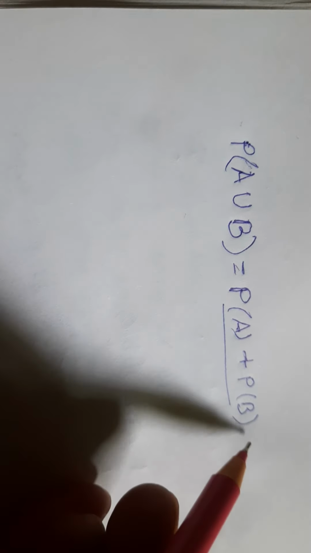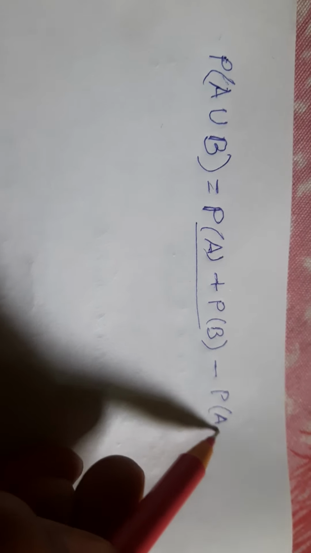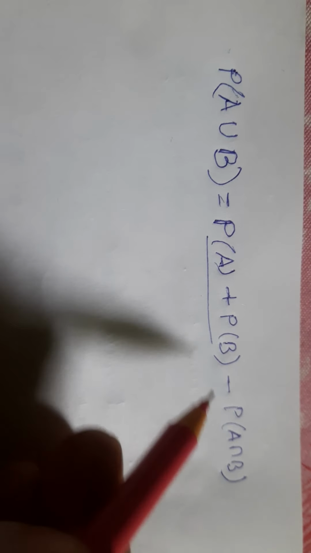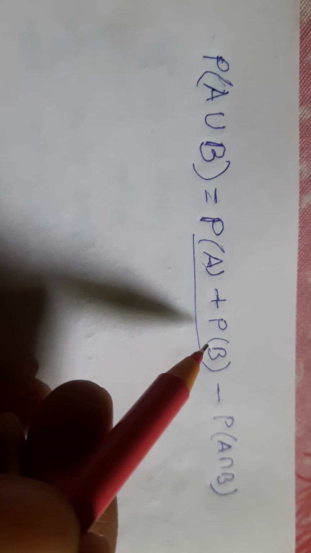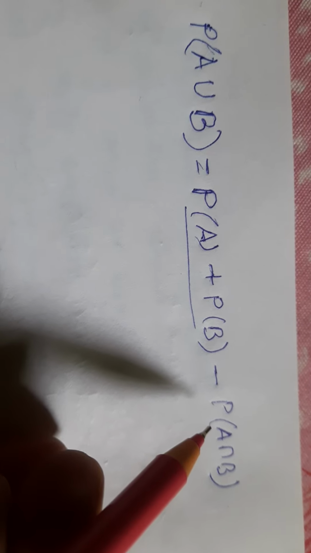You first add the probabilities of these two events, that is probability of A and probability of B. Then you subtract from this sum the intersection of these two, that is probability of A intersection B. So, adding the probability of one event and subtracting the probability of their intersections.